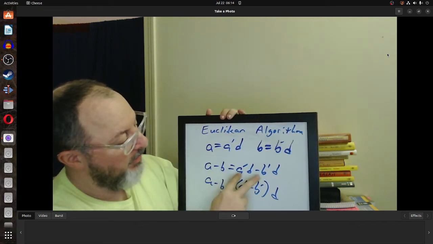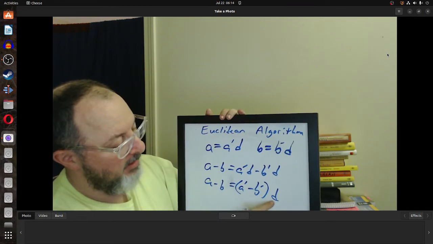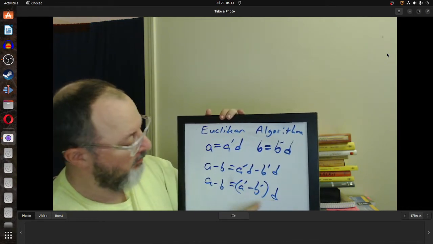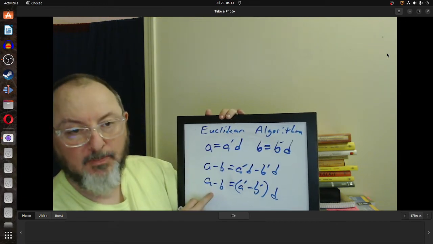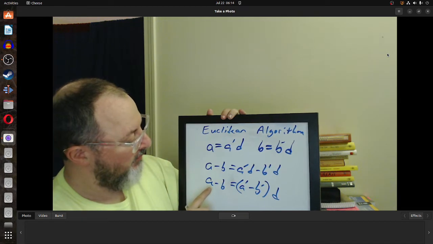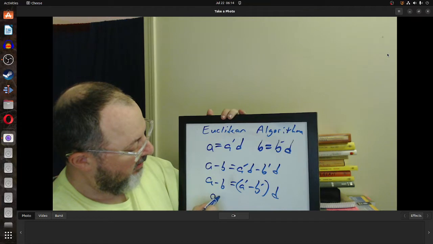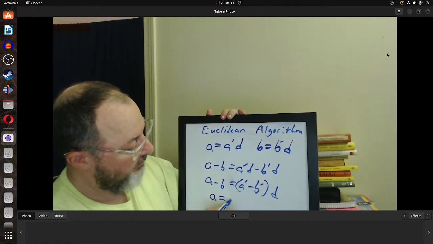So when you subtract, you get some integer that is an integer multiple of D. So D is a divisor of A minus B.